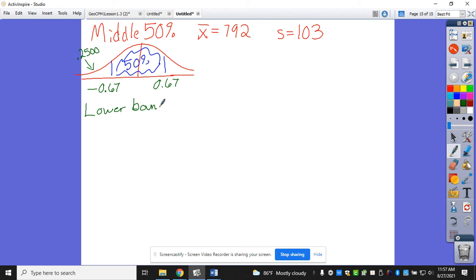So my lower bound, I'm solving for a what? X or Z? What is my equation that we just wrote down? What is my Z for the lower? What is my S? 103.